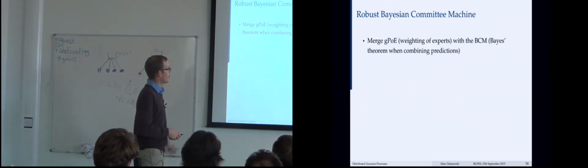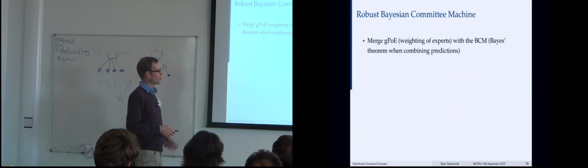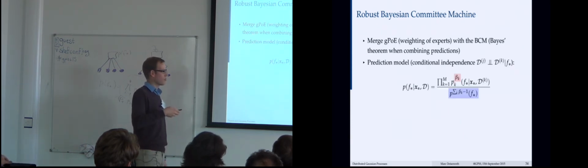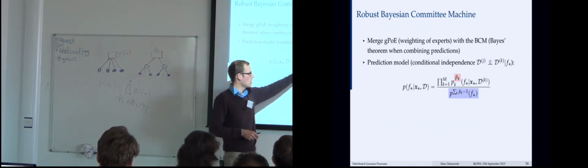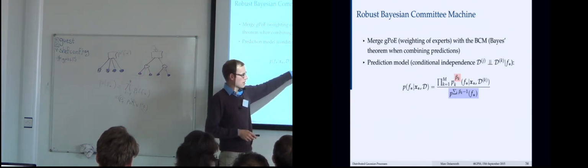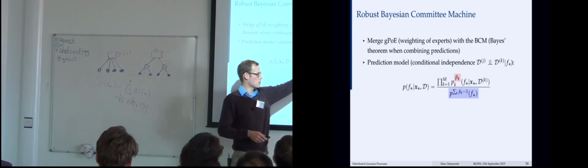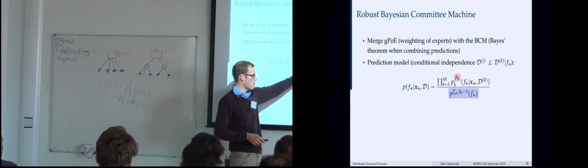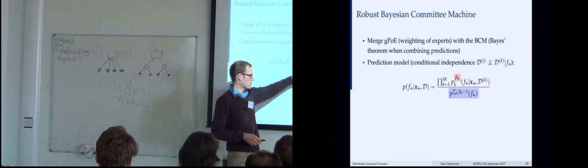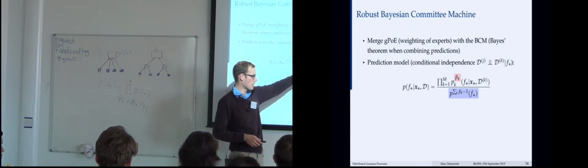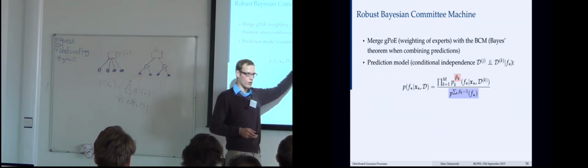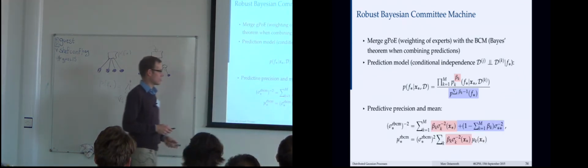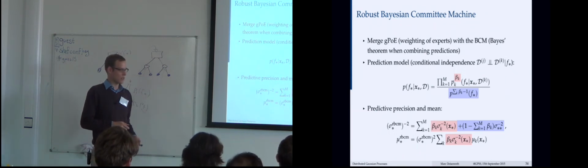Okay. So what we wanted to do is combine these ideas, pretty much introducing this weighting factor into the Bayesian committee machine. The equations change a little bit, so we now have this generalized product of experts in the numerator, and instead of having m minus 1, we have the sum of beta k minus 1 in the denominator. Again, this is a normalized model, so it is guaranteed to fall back to the prior.